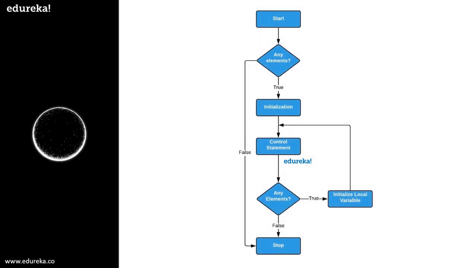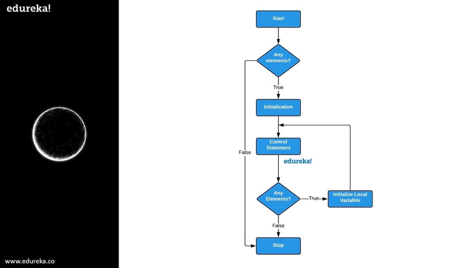Let us move on to the next example of for loop, which is either called as enhanced for loop or advanced for loop. In this particular for loop, we will be having a conditional statement at the very beginning of the program. The control flow enters the conditional statement and finds if there are any elements present in the array or not. If the statement is true, then the control flow will enter the initialization statement where a variable will be initialized.